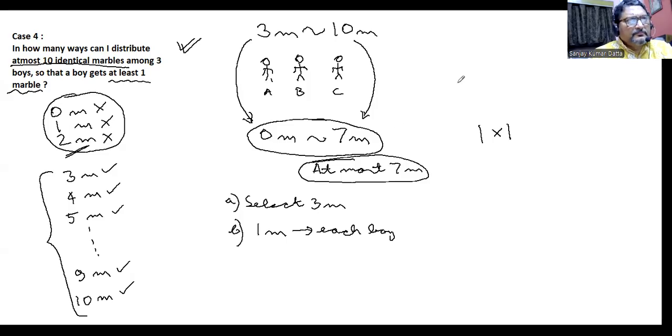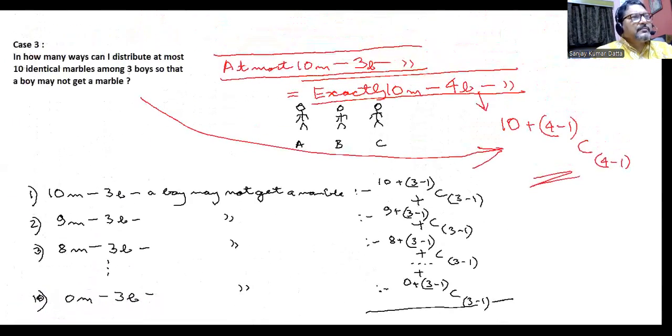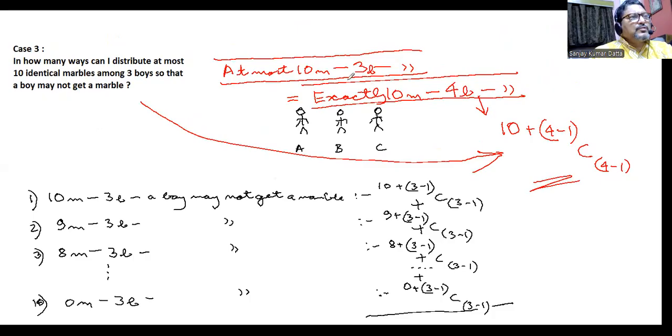No problem. So you create a fictitious boy. You know this, how to do this? The last one, right? At most 7 marbles distributed among 3 boys would be equal to exactly 7 marbles to be distributed among 4 boys.